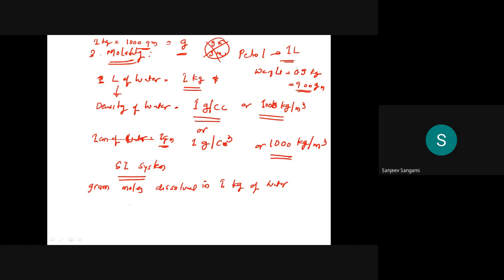So I can say 1 molar of sodium hydroxide is equivalent to 1 molality of sodium hydroxide. Both are the same here, but it may not be the same for other cases. See, this is one case.